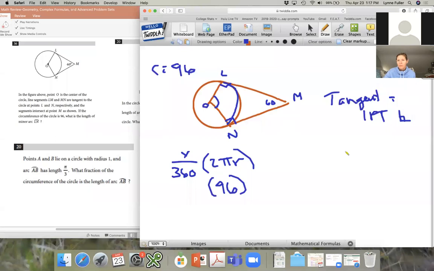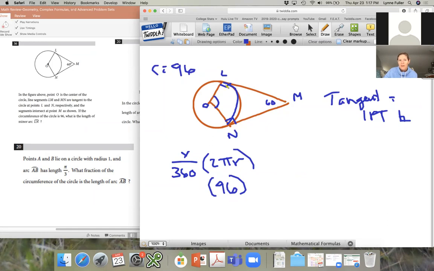Now, here's a really important rule that we need to know about shapes. Any four-sided shape has 360 degrees inside of it. Think of a square. That's 4 90s. 4 times 90, well, 4 times 9 is 36, add a 0, 360. So any four-sided shape, L to M, M to N, N to O, O to L, this is a four-sided shape.